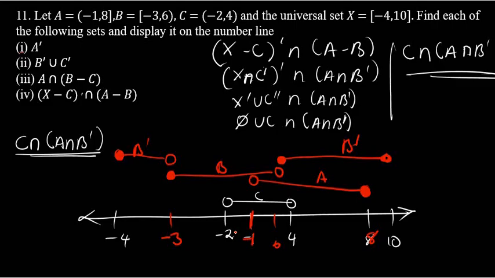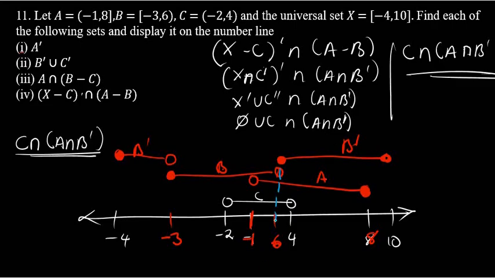So the points at which all three are meeting, which point is it? If I check properly, on B complement it starts here at 6, right? B complement starts from 6 to 10.